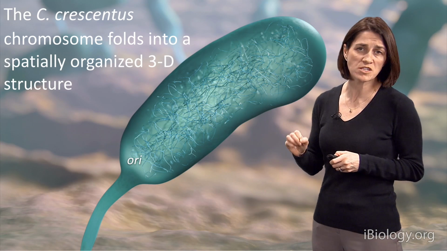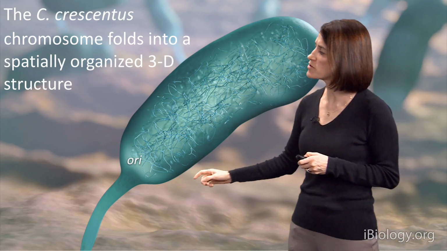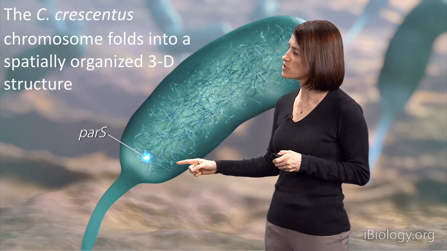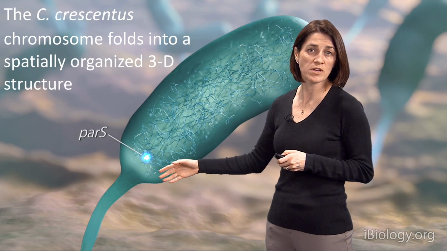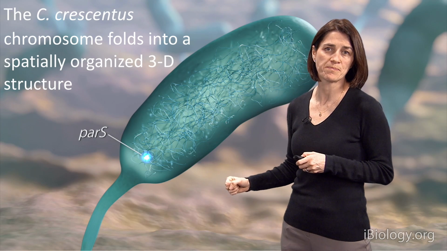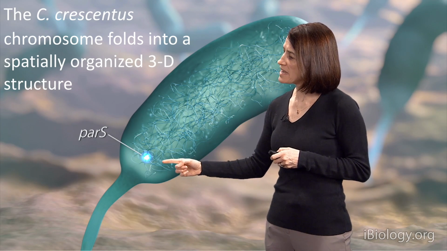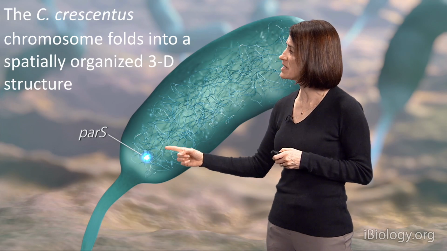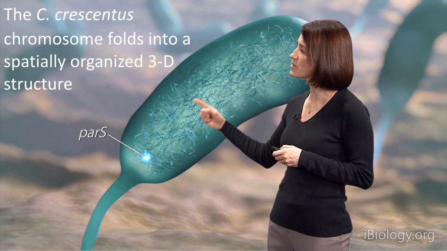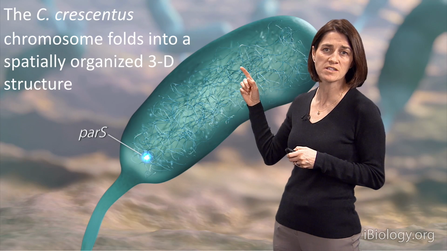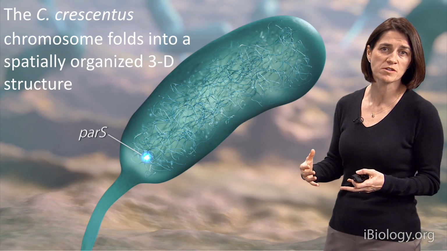Since the parS region is close to the origin of replication, it means that it's also going to be found at that location, at the old cell pole. And as I will show you in a minute, this parS region is the first region that's going to be translocated after duplication, translocated to the opposite end of the cells in the process of chromosome segregation.